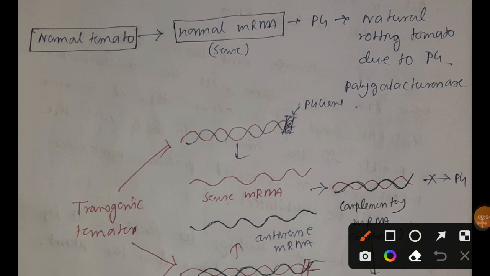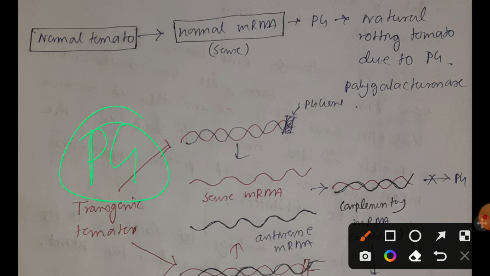whenever we pluck a normal tomato from the tree, there is an enzyme called beta galacturonase, or sorry, not beta galacturonase, it is polygalacturonase, the PG enzyme. In short, it is called PG enzyme. So polygalacturonase is activated.